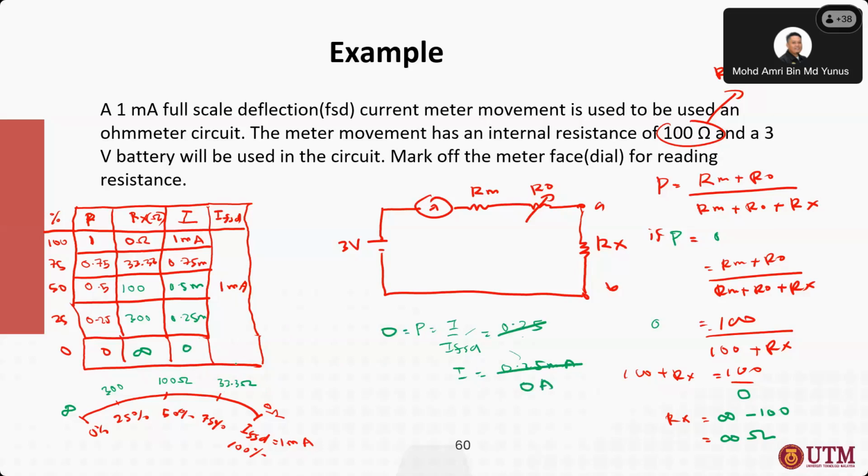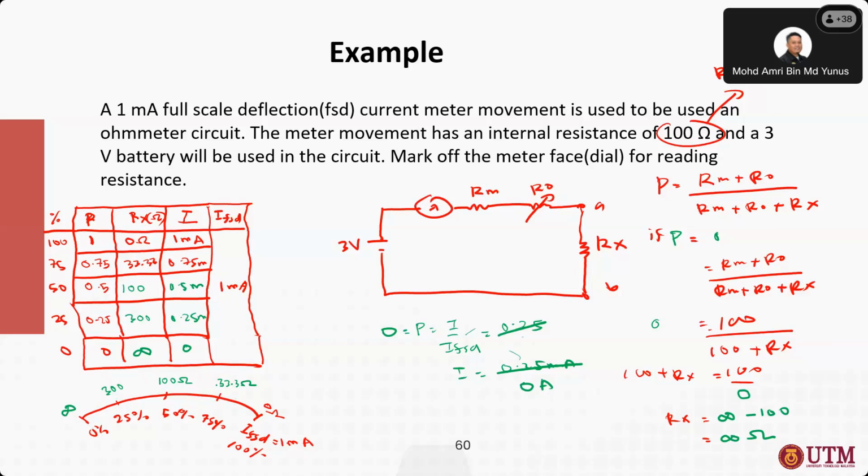So far, if you look at the scale here, we have divided the scale into 4 equal portions in terms of deflection. But if you look at the resistance scale, at 75% we have 33.3 ohm, at 50% we have 100 ohm, at 25% is 300 ohm, and then 0% is infinity.